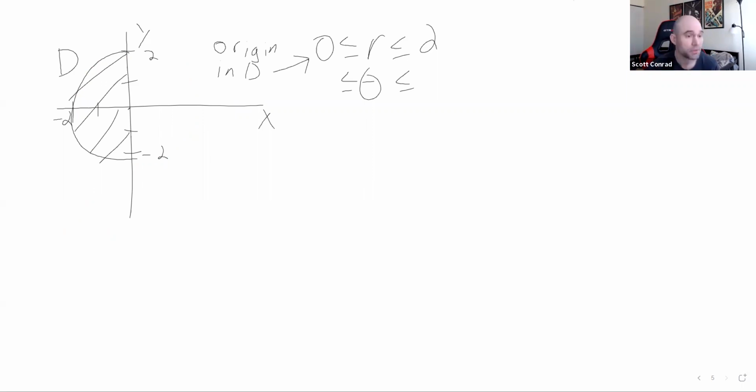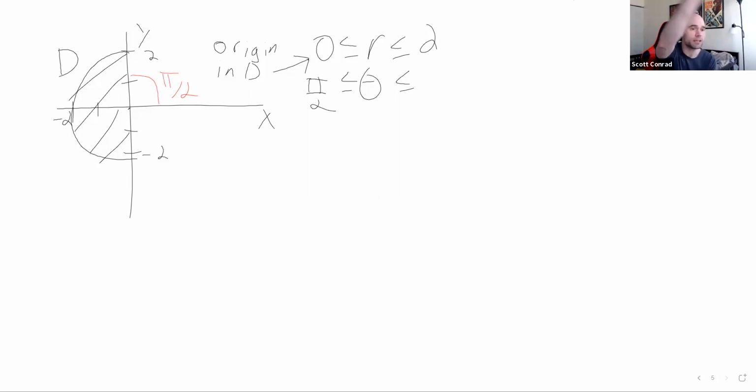OK, how about theta? What's the smallest angle any of these points make with the positive x-axis? If we're going around counterclockwise, the first points we hit make angle pi/2, right? So theta is bounded below by pi/2.